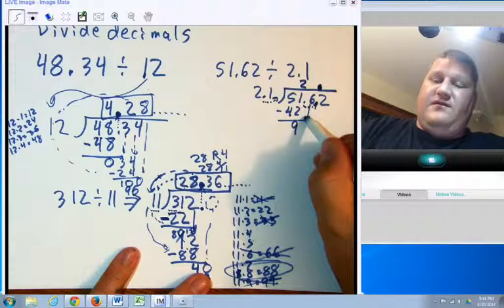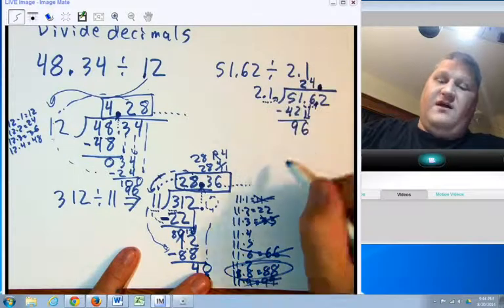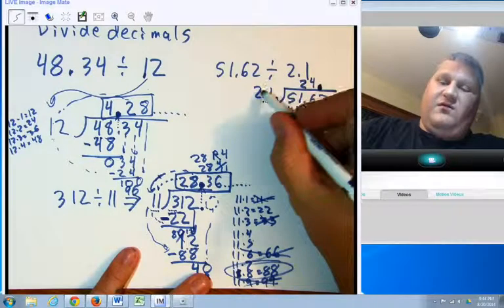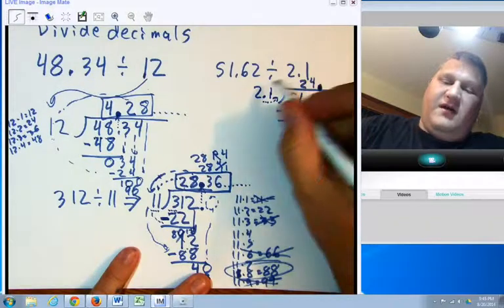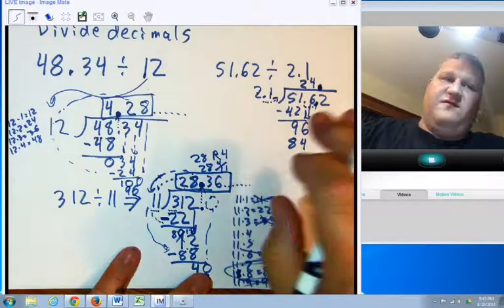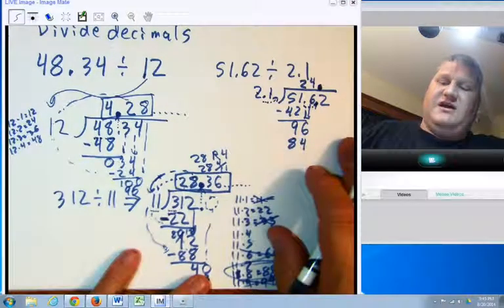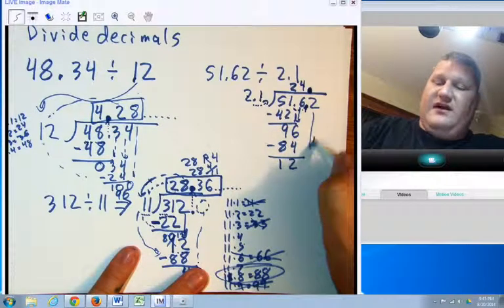Bring down the 6. 21 goes into 96 4 times. 4 times 21. So 4 times 1, 4. 4 times 2, 8. That's 84. We're multiplying. See, division includes a lot of multiplication. Do the subtraction, you get 12. Bring down a 2.